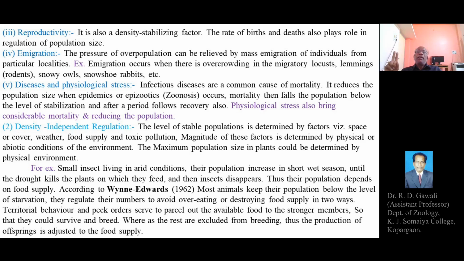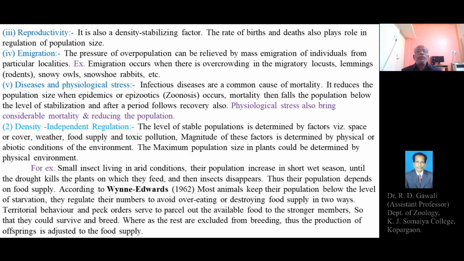Biotic factors are the density dependent factors, which are affected or get changed from time to time as the population size is changing. As the population size changes, the density dependent factors or biotic factors are also affected, and there is a sort of regulation in population size due to the actions or co-actions of the different biotic factors.